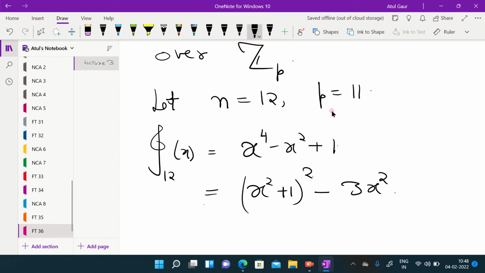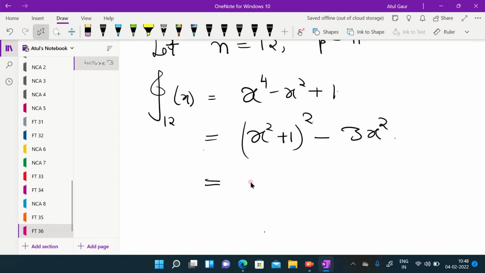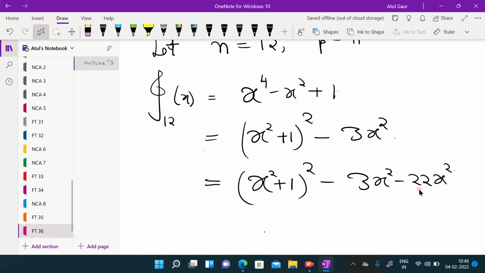And because I'm working over Zp, p is 11, so I'm working over Z11, any multiple of 11 is 0. That means there is no harm if I add any term that is a multiple of 11, as per my convenience. So 3x^2 minus 22x^2; this last term is 0 over Z11.